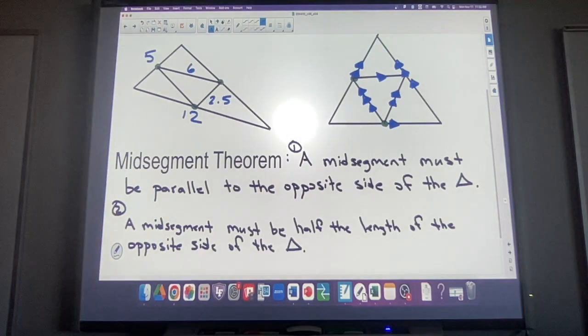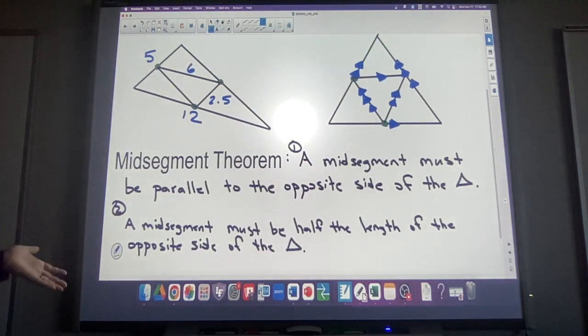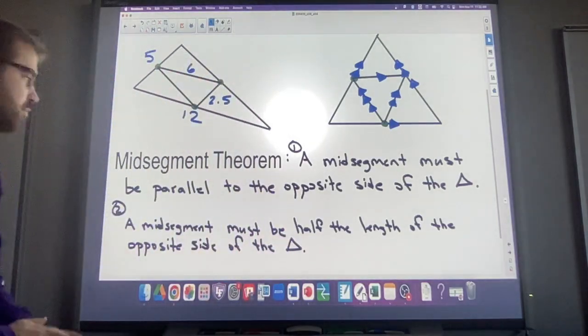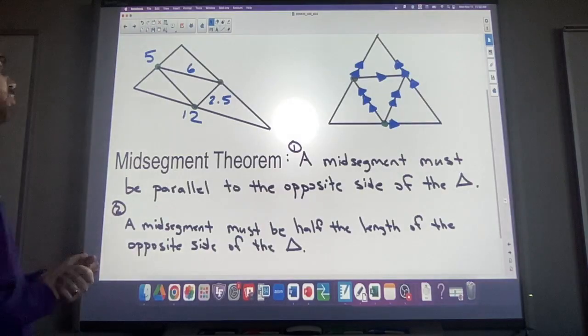So those are the two properties. They're pretty straightforward, not too difficult to remember, because it makes sense looking at the picture. And it's not a fraction like 2/3, it's just half. So that's a midsegment. Let's see what we can do with that.